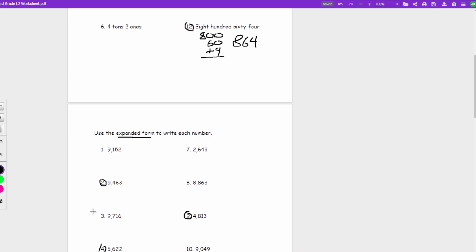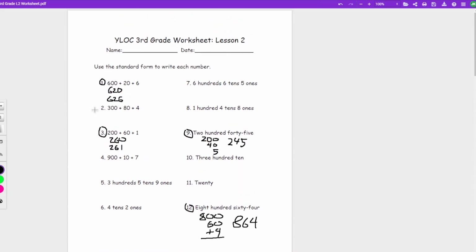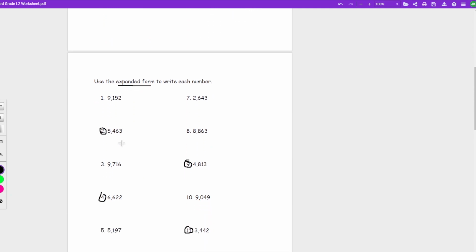So our expanded form is just going to be like questions 1, 2, and 3, where we write out the numbers plus another number plus another number. That's our expanded form. So question 2, 5,463. Well, I have 5 thousands, 4 hundreds, 6 tens, and 3 ones. So let me write it out.